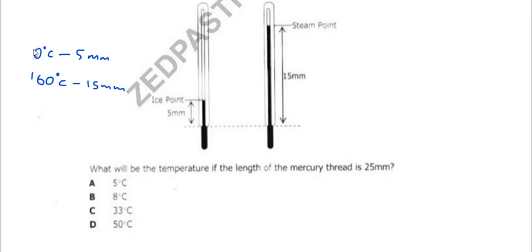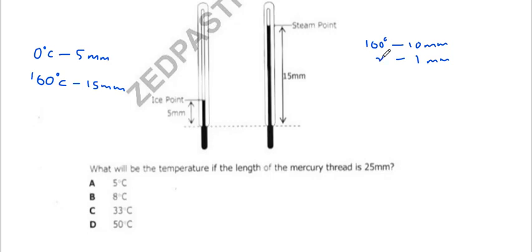So we'll say 100 minus 0 gives us 100. So for every 100 degrees Celsius, we have 15 minus 5 gives us 10 millimeters. So what if we are looking for 1 millimeter?